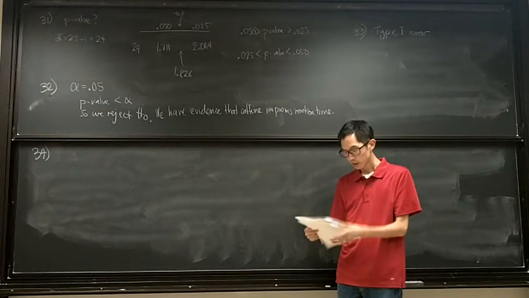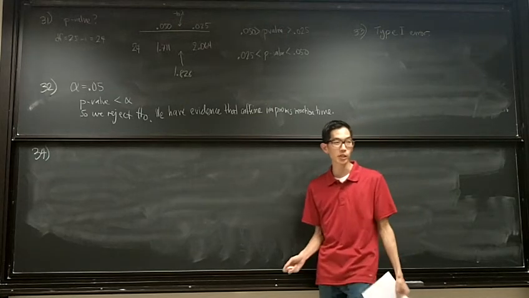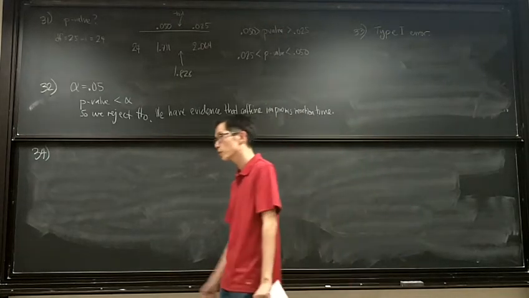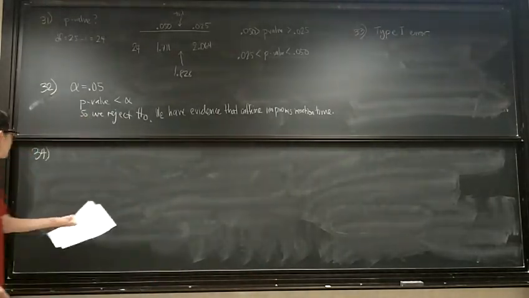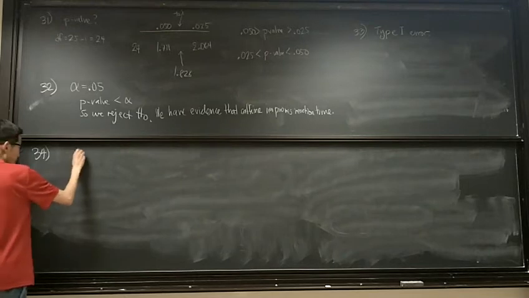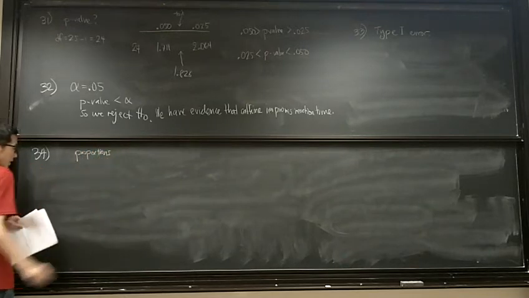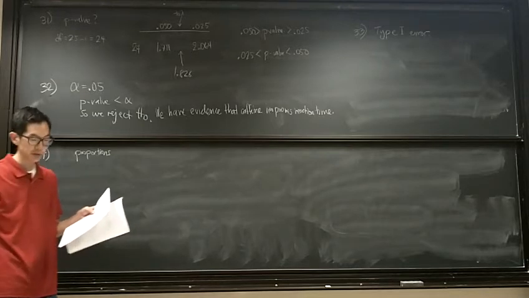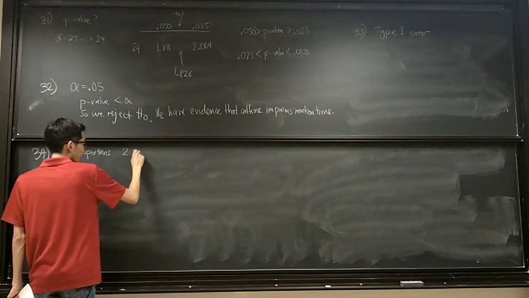Are we dealing with means or proportions here? Proportions, right? Whether you are a minority or not is a categorical variable. And do we have one sample or two samples? Two samples, so we have two sample proportions.